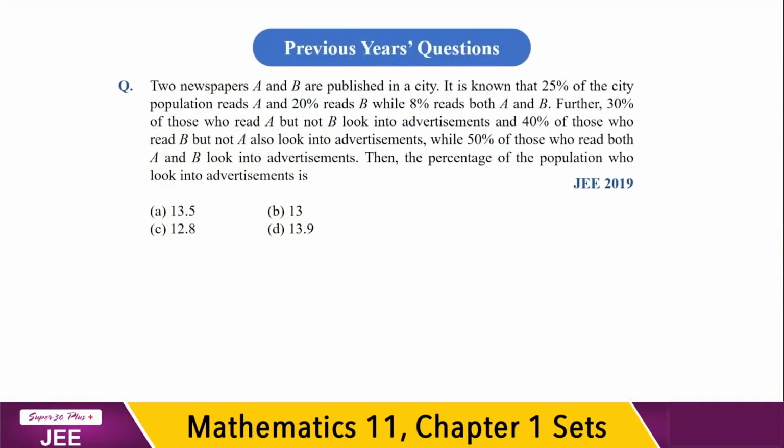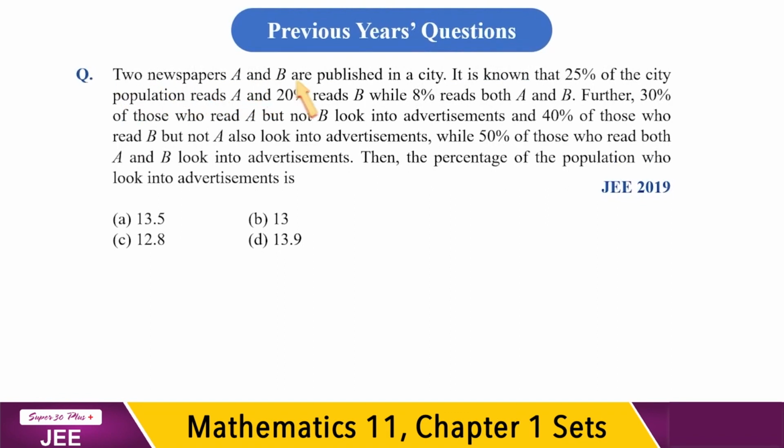So our first question says, two newspapers A and B are published in a city.